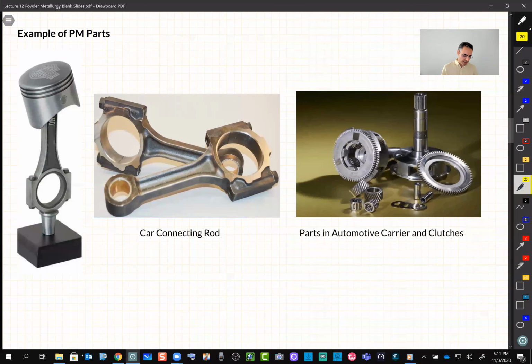So a few examples here, as you can see in these pictures. Again, a car connecting rod. And the picture on the right is for clutches, the part in a car clutch. Again, it is very common to use powder metallurgy.